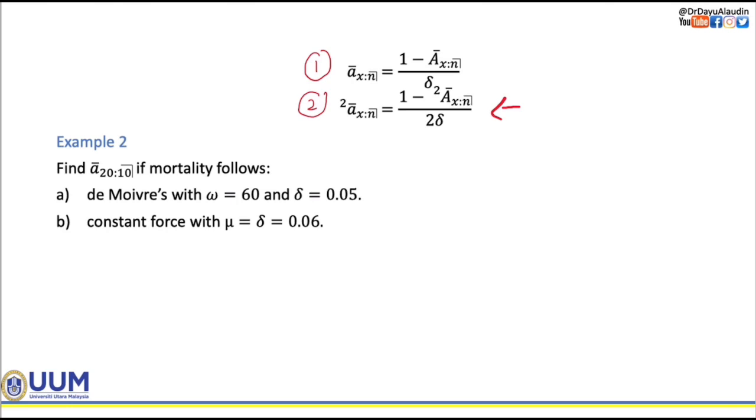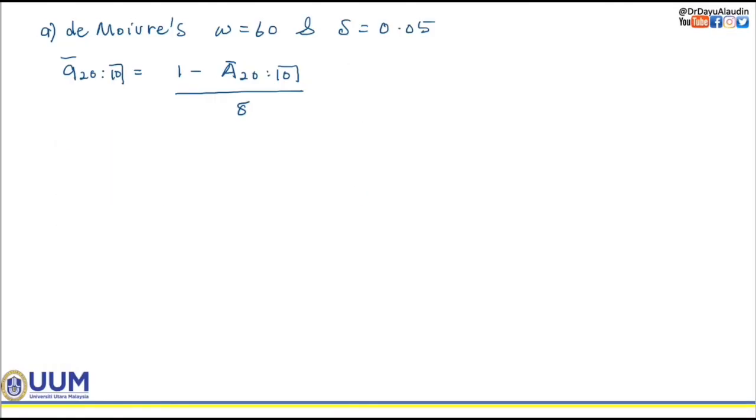Now we try example 2. Find the annuity with x equal to 20 and n equal to 10 if mortality follows De Moivre's law with omega equal to 60 and delta equal to 0.05. Then we can use this formula to find the annuity.